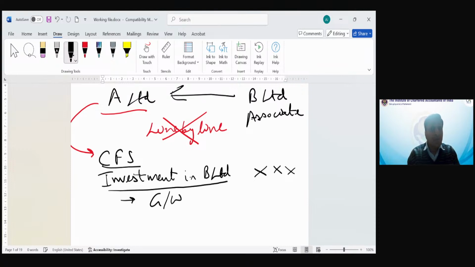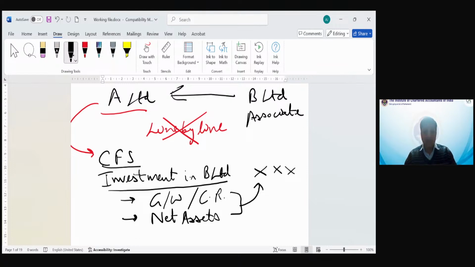One will be goodwill or capital reserve, whatever be the case, and the second part will be that of net assets, of course on a proportionate basis. These two in a combined manner will be the cost of investment. This is the only thing you are required to take to the consolidated financial statements.